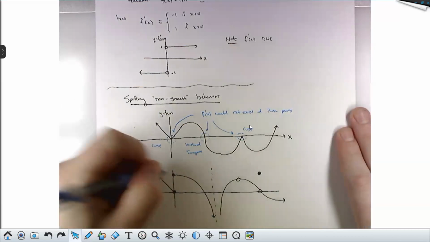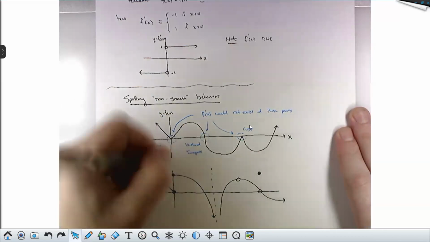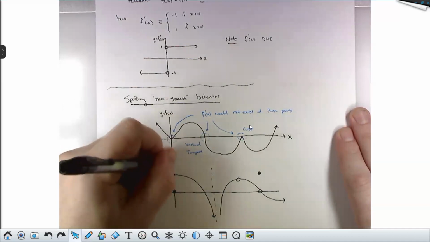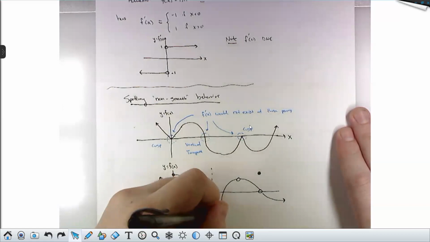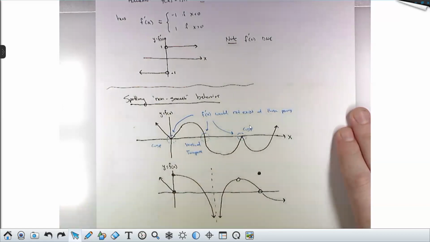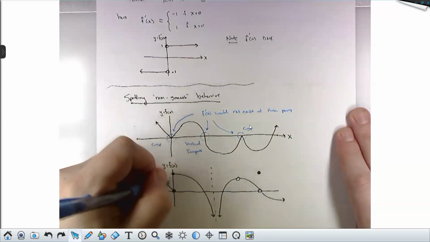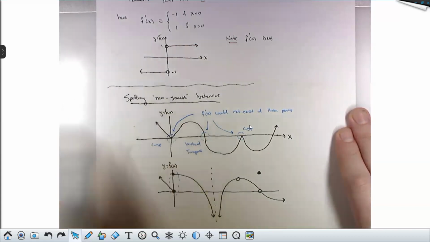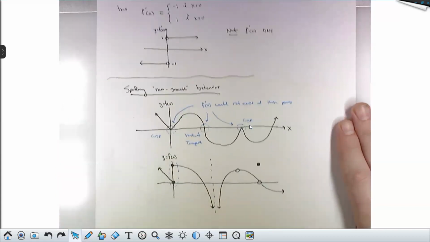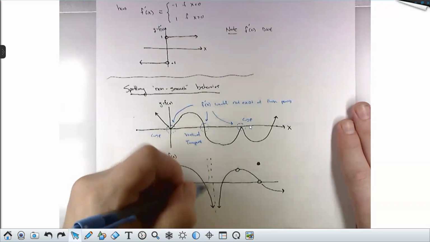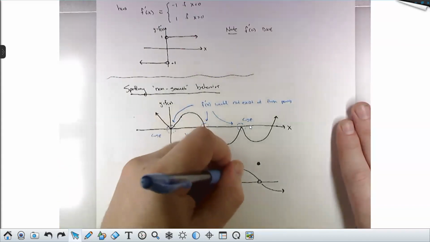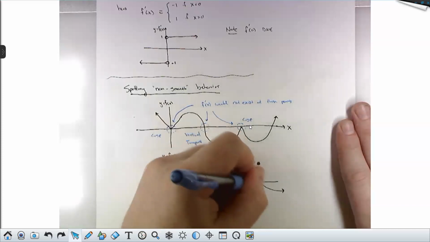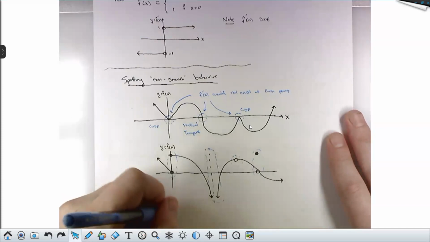So also, again, this is the original function, y equals f of x. Just another set of examples of places where this function would not be differentiable. Here, this is no good. Certainly here, here, and here. All of these are places where the function is not differentiable.